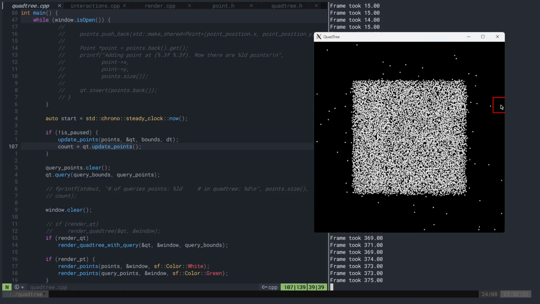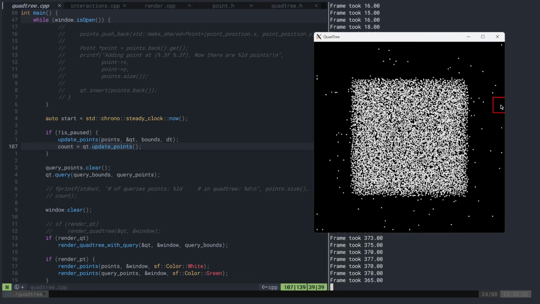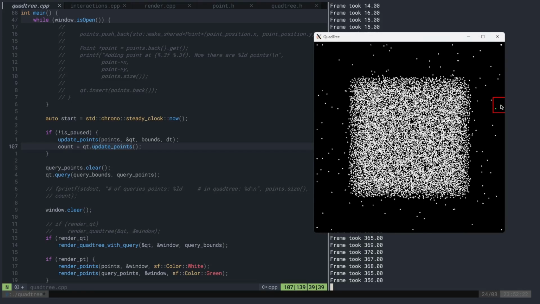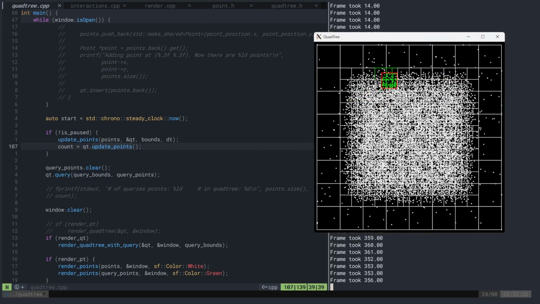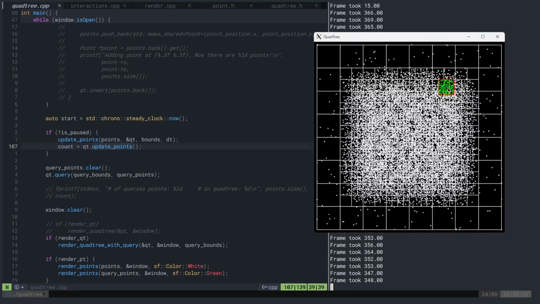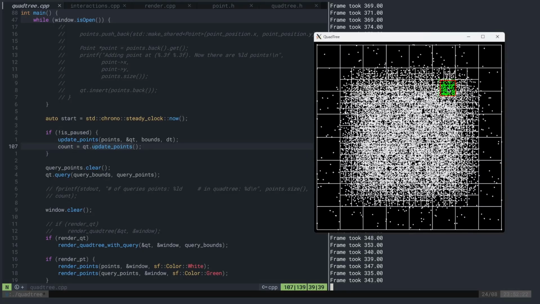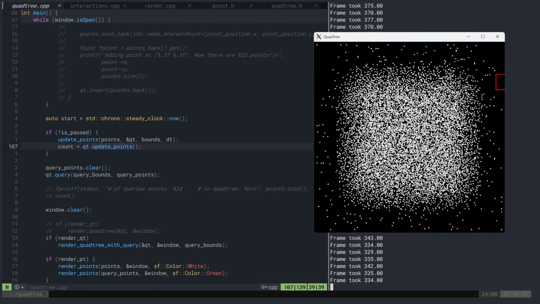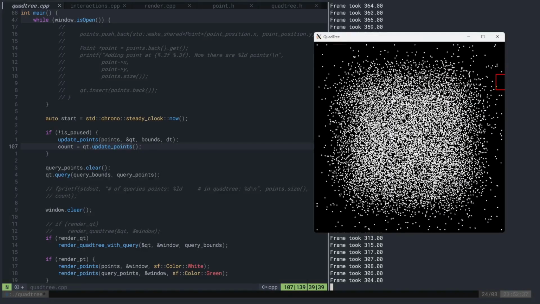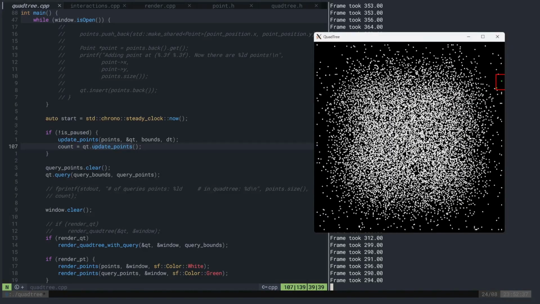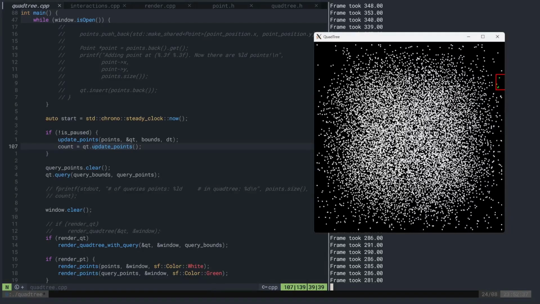So it hasn't changed too much, mostly because it's probably a uniform distribution. But you can see that the QuadTree itself has a much finer structure here. And as these particles spread apart, you'll see that the performance actually increases. There you go. We dropped down to 300 milliseconds compared to where we were before. We were at 360 milliseconds, and we've dropped even further.